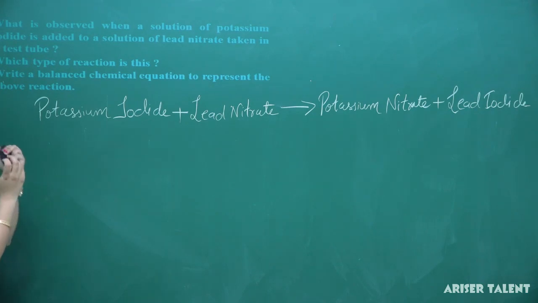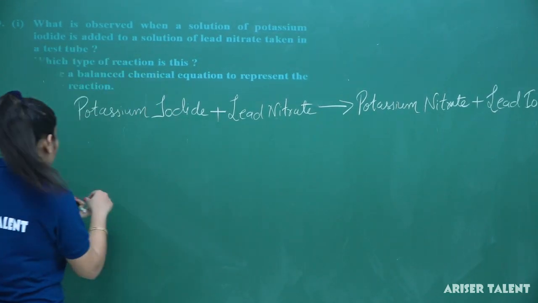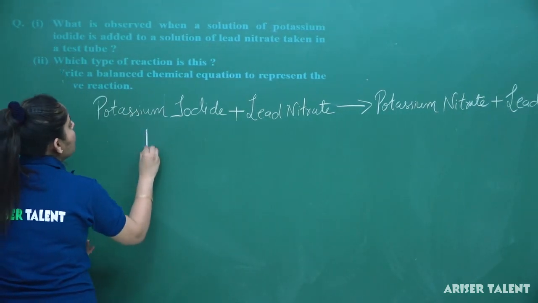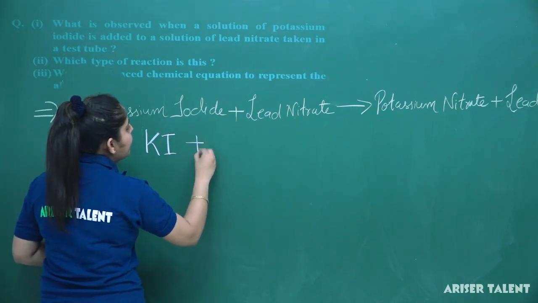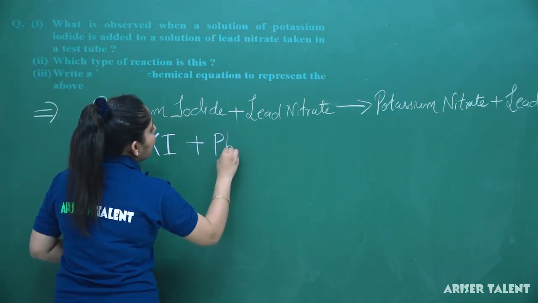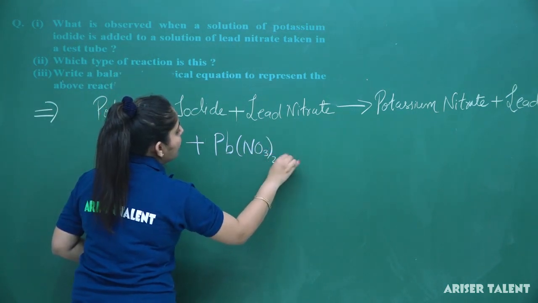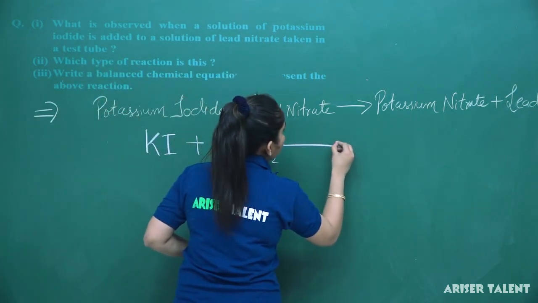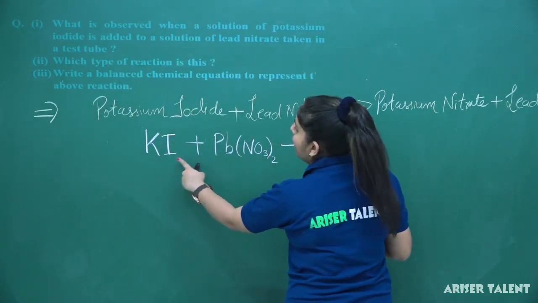Now this is the word equation and I am expressing it in the symbol form. So what will be the symbol for this equation? Potassium iodide is KI. Lead nitrate is Pb(NO3)2. Now what happened in this equation? Lead iodide will form.